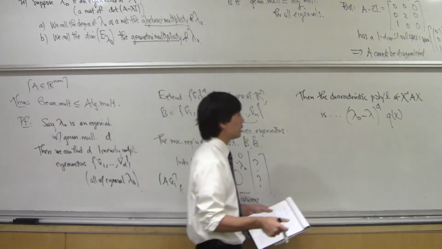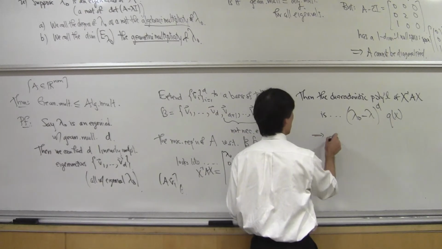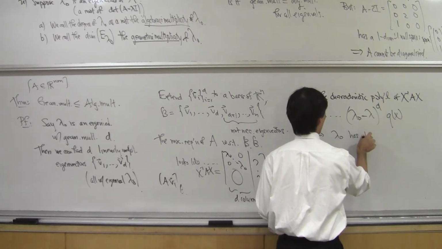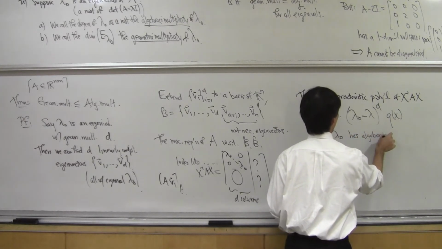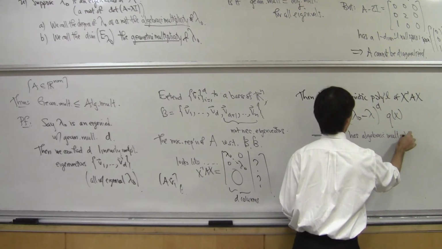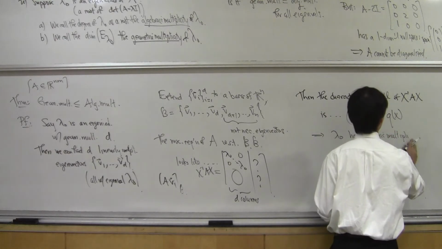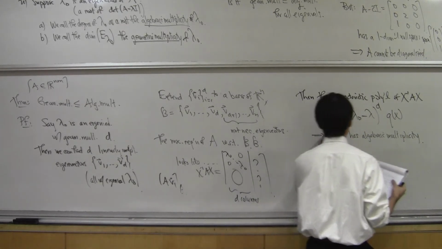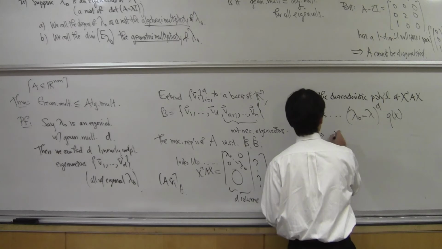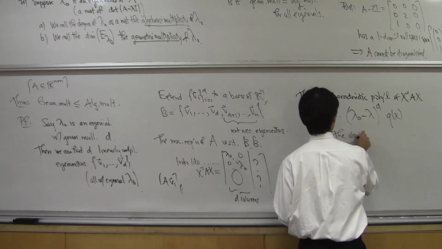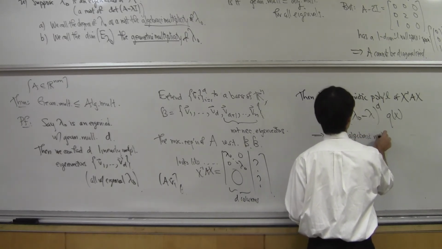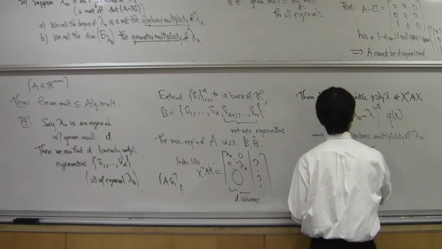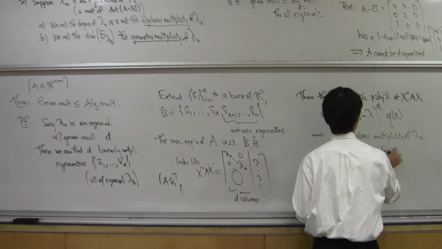Right? So what does that tell you? So lambda naught has algebraic multiplicity, so let me take this one. The algebraic multiplicity of lambda naught is at least d.